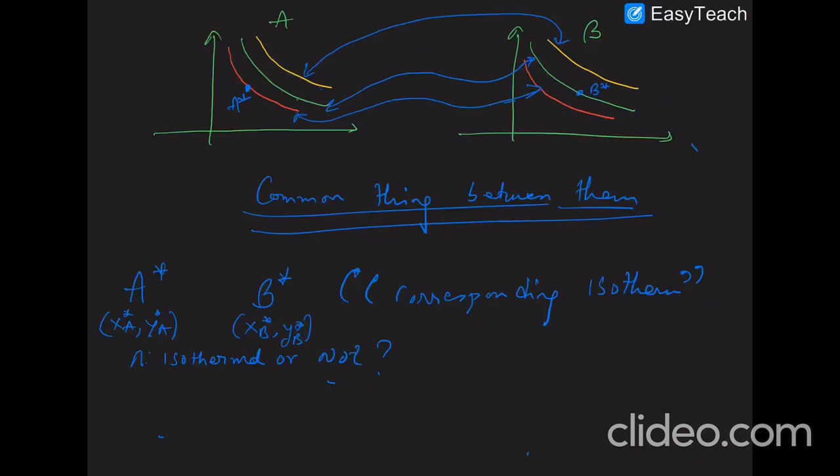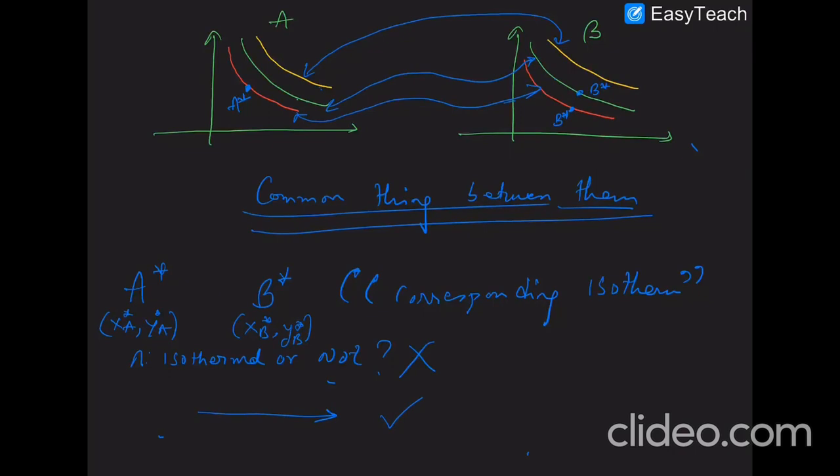As we have already stated, as they are on different lines, they are not the corresponding isotherm, so the answer will be no. But if this B star lies on the red line, then we can say A star and B star are isothermal.